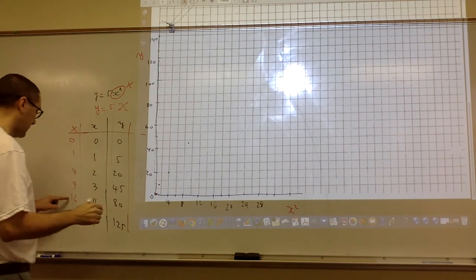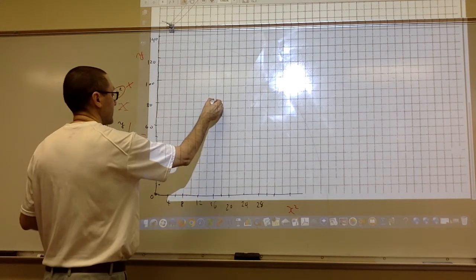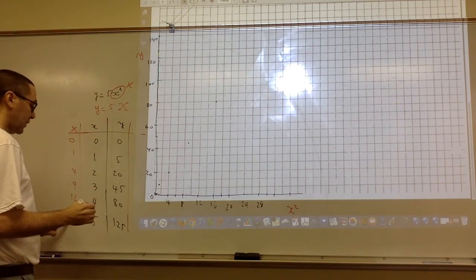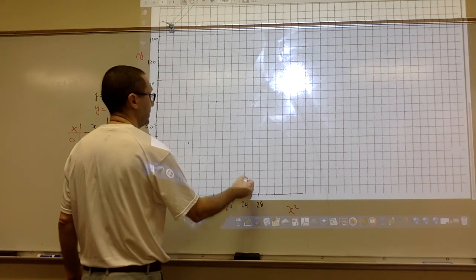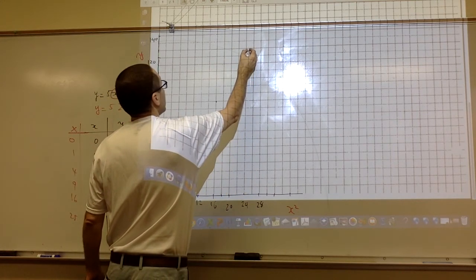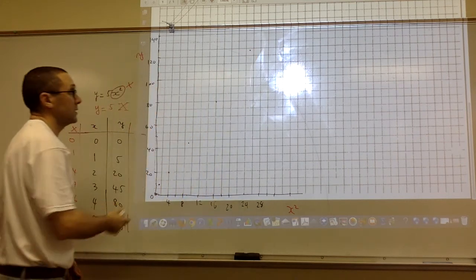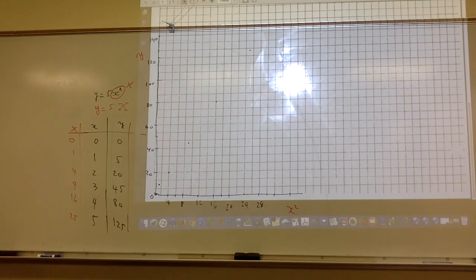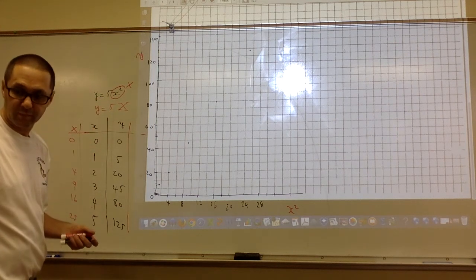And 16, 80. And 25, 125. So 25 is about here. If I go up, 125 should be there. Now you can see that's a line. That's what we call linearization. So this is a line with a slope of 5.